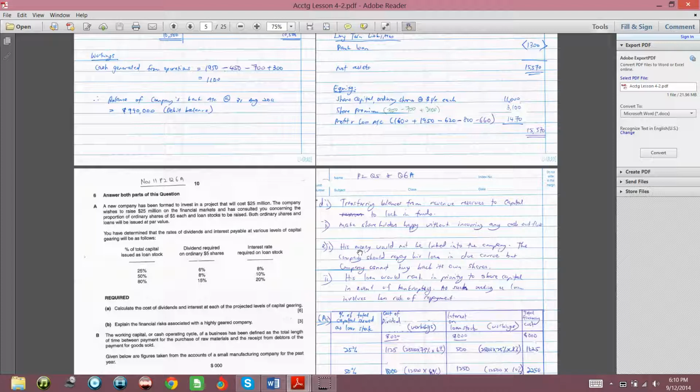So what other reason can you think of? Under normal circumstances, a company cannot buy back its own shares. If you are a shareholder and you say you don't want these shares anymore, you can only sell the shares to other people, but you cannot sell your shares back to the company.